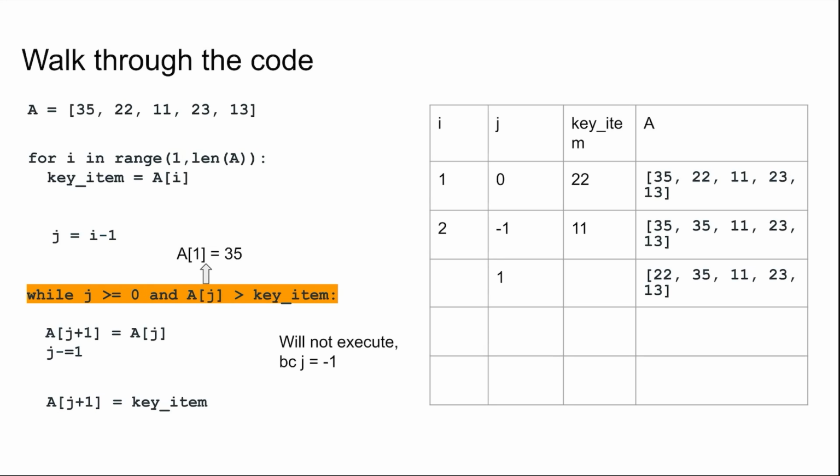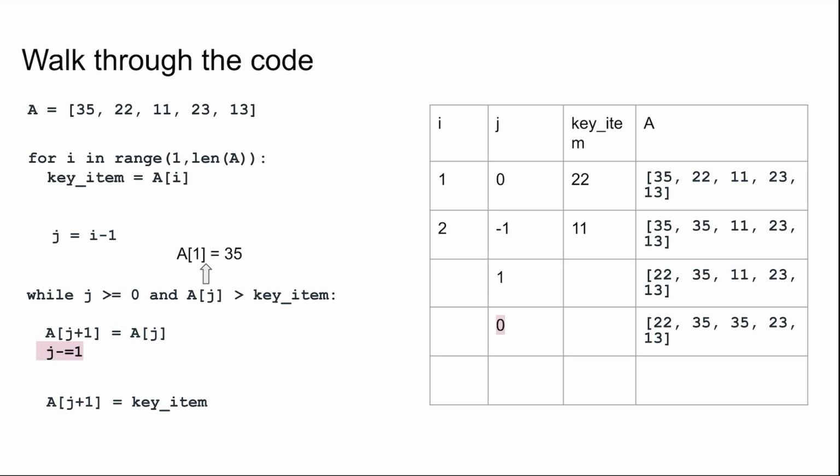And now the while loop is going to execute since j, which is 1, is greater than 0, and A of j, which is A of 1, is equal to 35, and it is greater than 11. So A of j plus 1 is going to be set to A of j. So notice that the third element, 11, is set to 35. And j is decreased by 1.